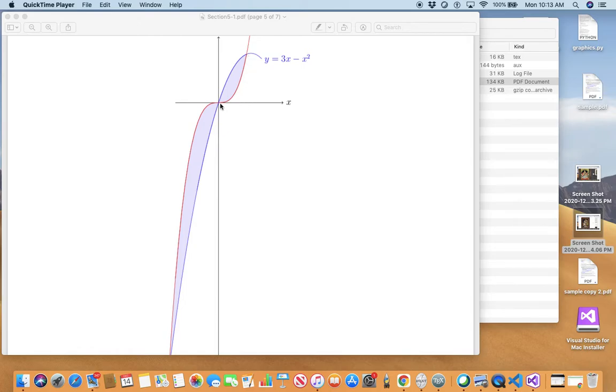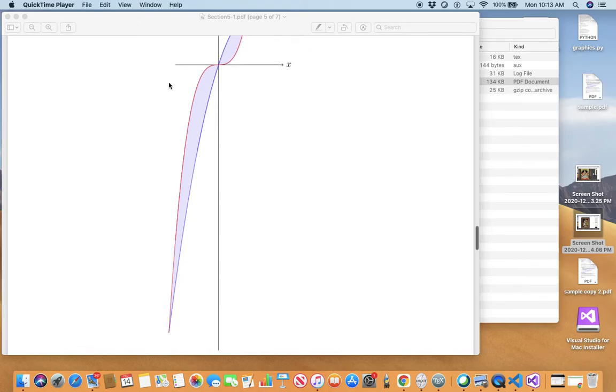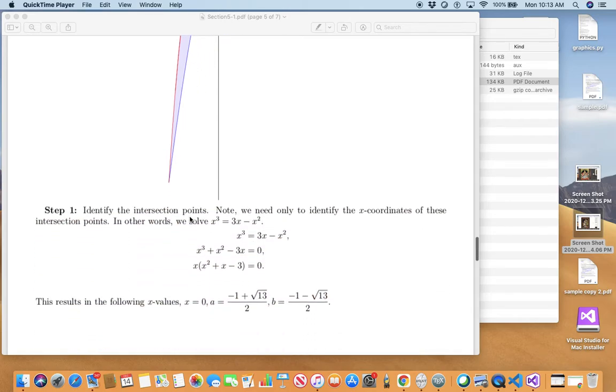From x equals 0 until a certain number, the parabola is above the cube, and likewise from a certain x coordinate until 0, the cube function is above the parabola. All right, so identify the intersection points.